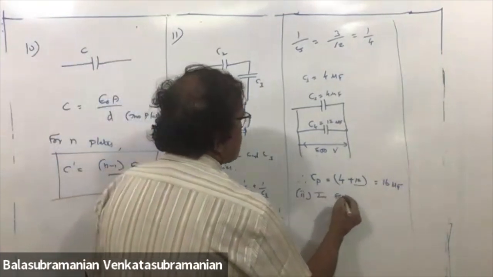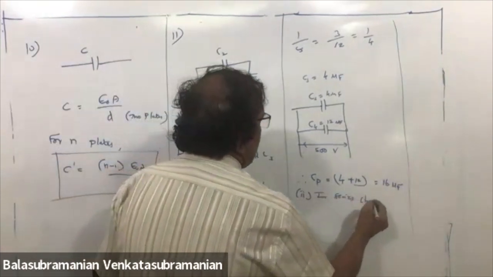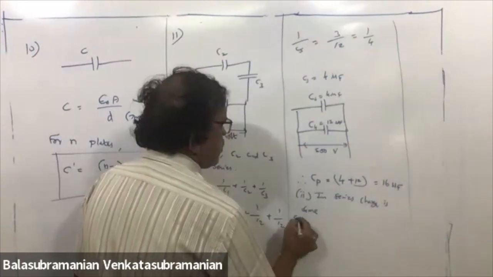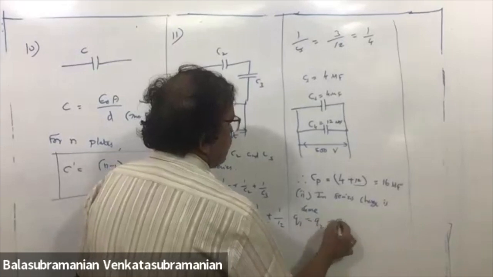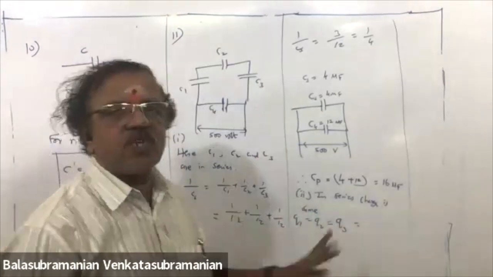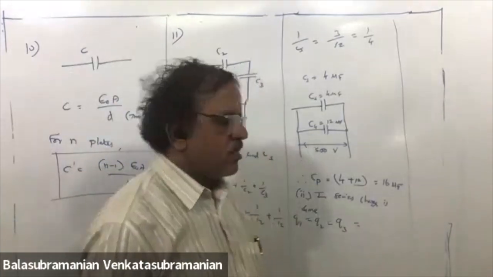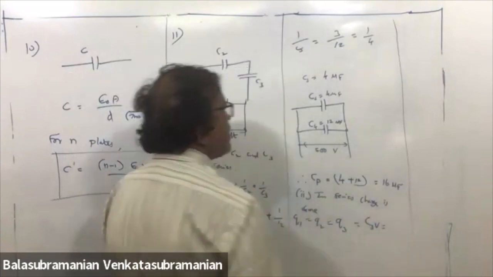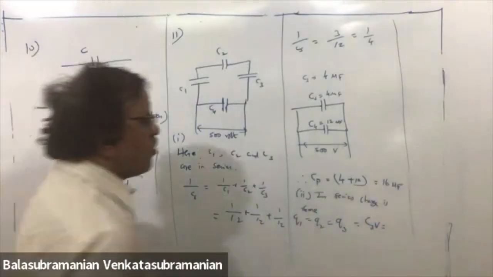In series, charge is the same. That is Q1, Q2, Q3. All the three capacitors will have the same charge. Q is equal to Cs into V. What is the Cs calculation? 4 microfarad.